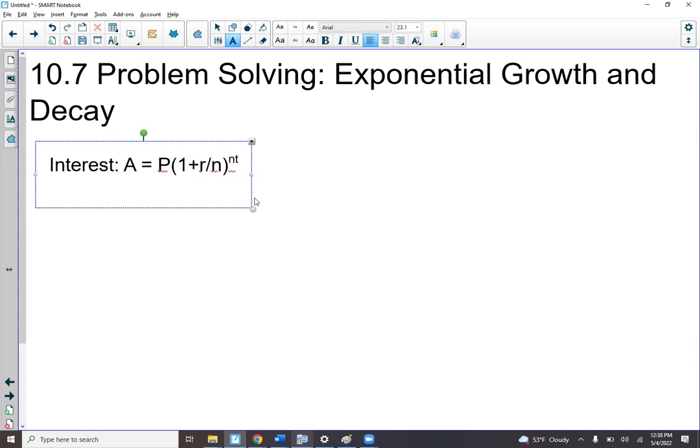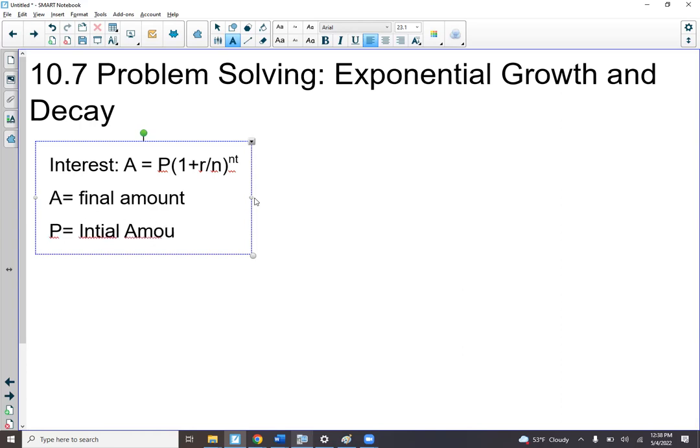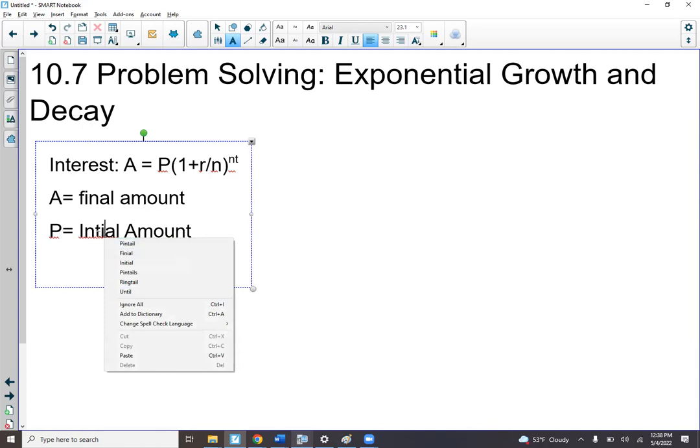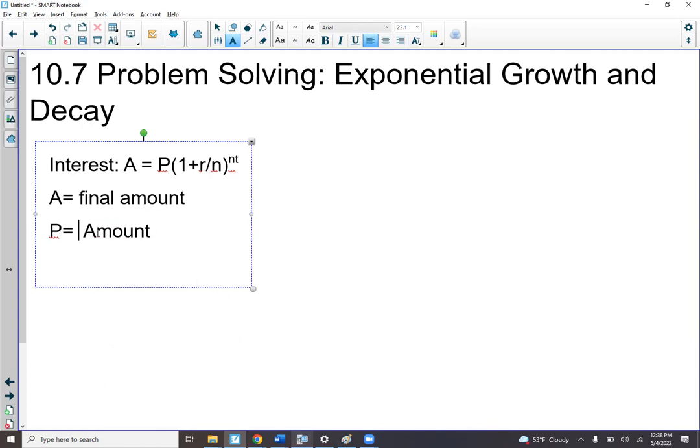Okay. Guys, remember, A is your final amount. P is your principal, aka your initial amount, your starting amount. R is your rate. What is the percentage?